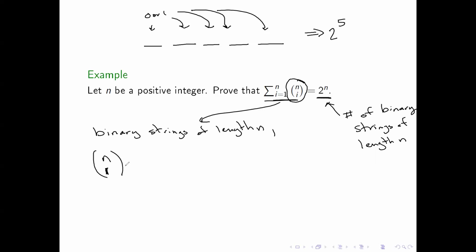Okay, so in this case, I'm trying to get you all to think of it this way. This would count the number of binary strings with one 0.